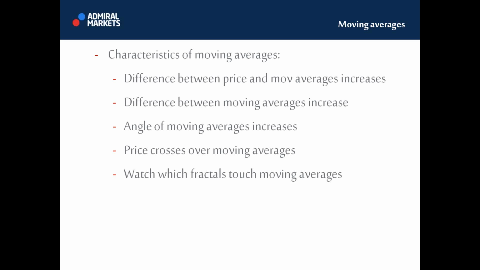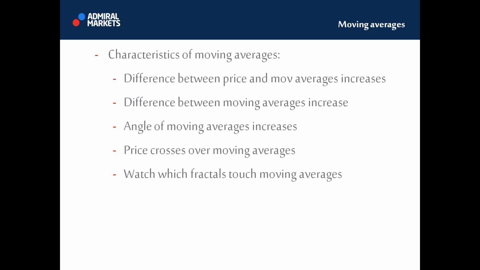Also, the difference between the moving averages, most of the time a short-term moving average, an intermediate moving average, and a long-term moving average, for example, would be good, because then you can see when the short term is moving away from the intermediate and the intermediate is moving away from the long term, that obviously price is pulling those moving averages away from each other, and the currency is in a trend.